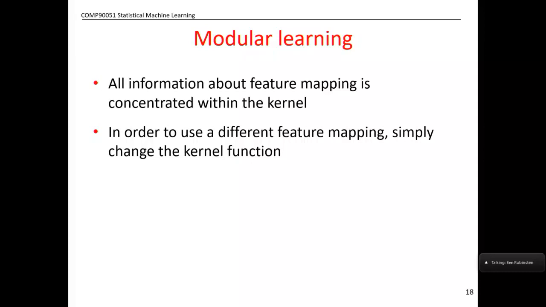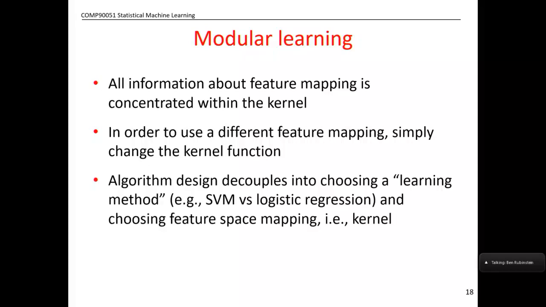If we can just design kernels, and if we have a whole suite of kernels, we can just swap them in and out and basically do different nonlinear mappings along with our SVM machinery. So that's the modular idea. This is now very CS kind of thinking. We're decoupling things.